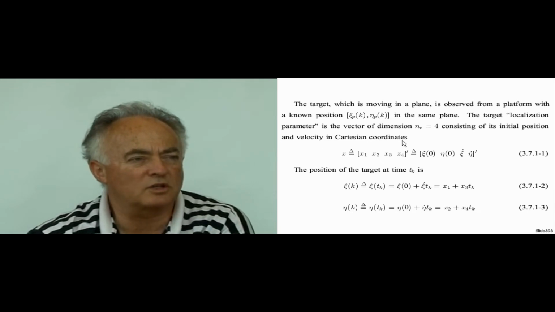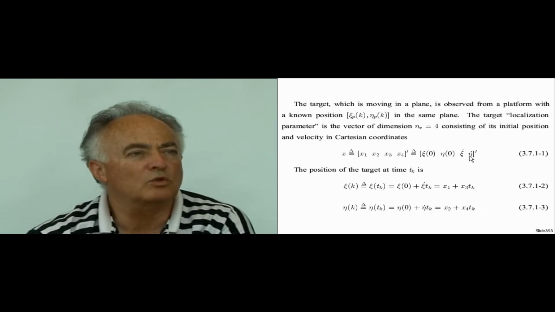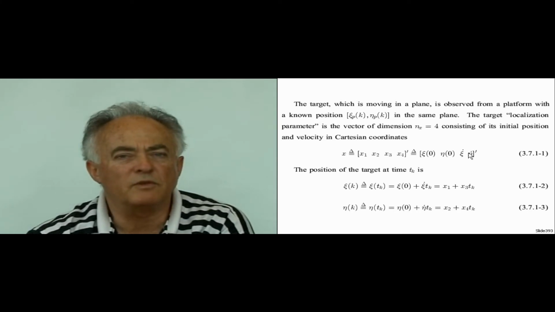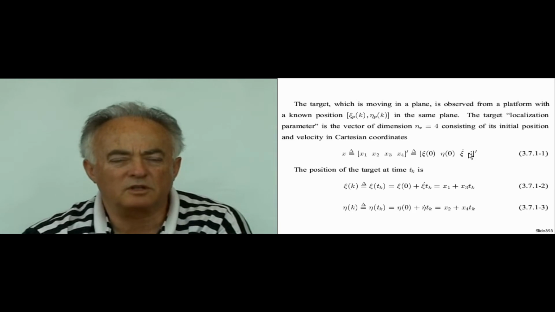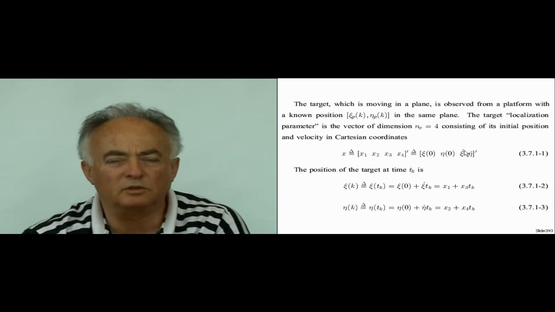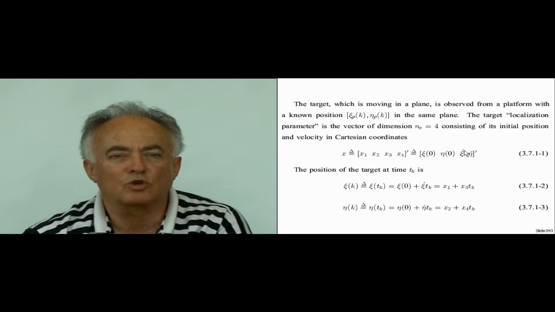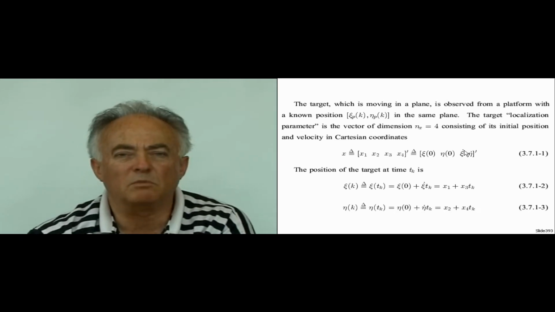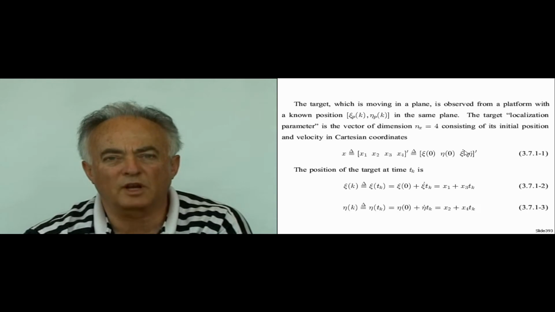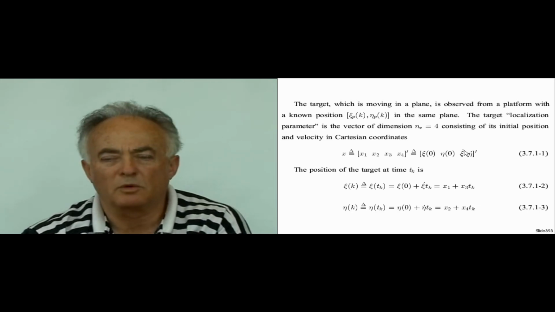So psi 0, eta 0, psi dot, and eta dot. And we assume that the target is moving with constant velocity. Clearly, this is a restrictive assumption, but it does hold in practice over a reasonably short period of time that in many cases is enough to localize, to find the range of the target from the passive observation.